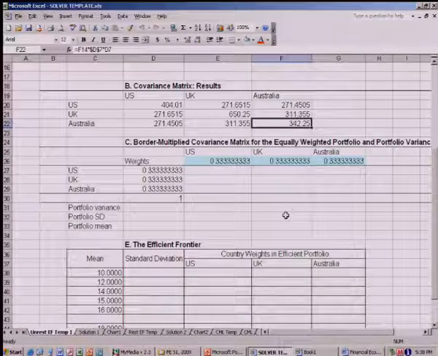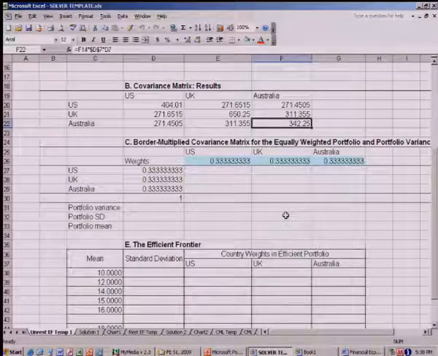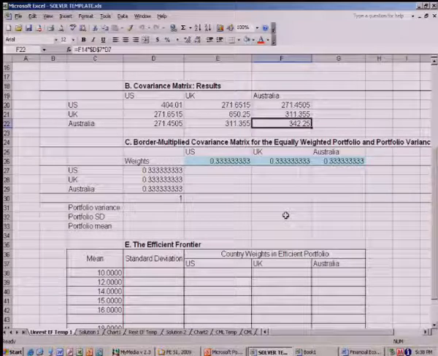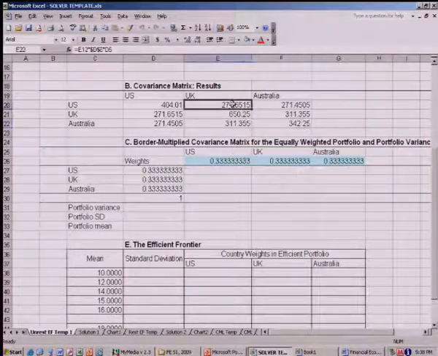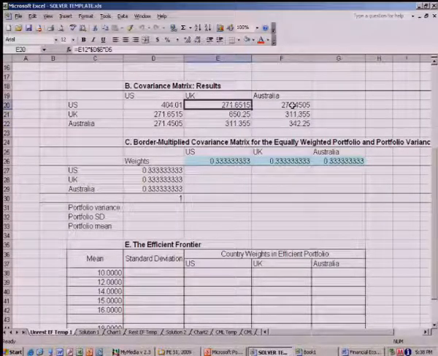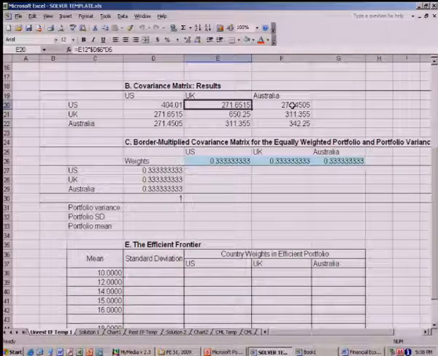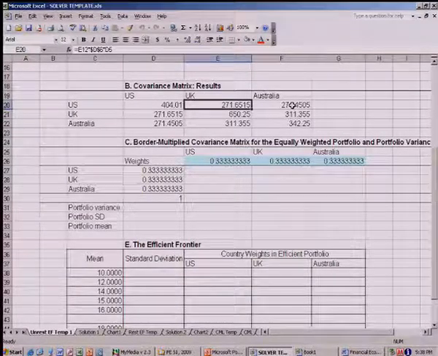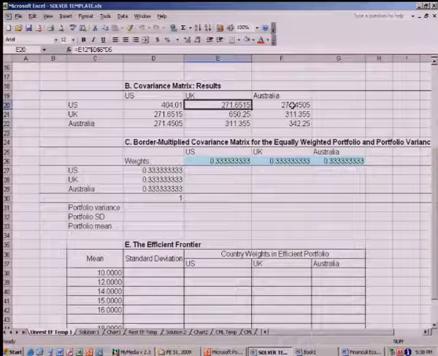In a sense, the diagonal elements represent the variance of those individual assets, while the elements on each side of the diagonal ones tell me the covariance that exists between two different assets.